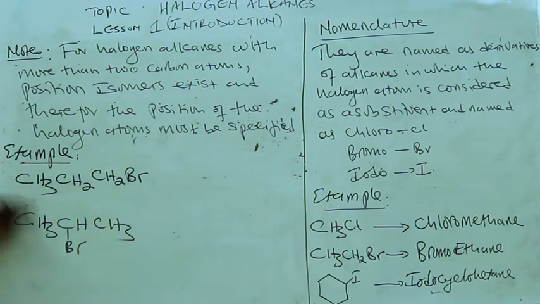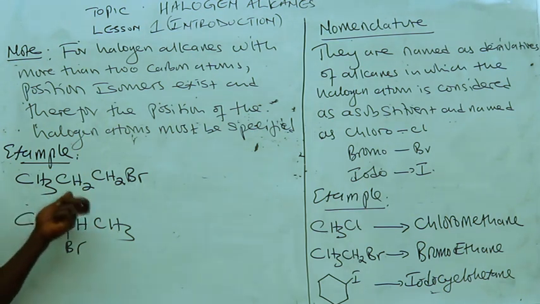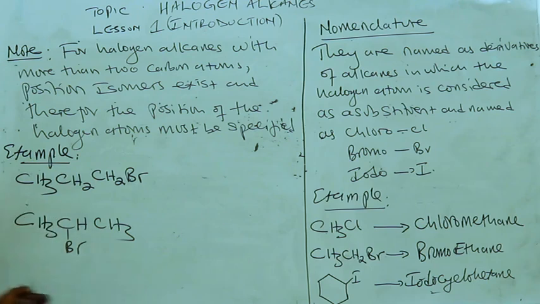These two compounds have the same number of carbon atoms, same number of bromine atoms, but on different carbon atoms, so they are position isomers. And during their naming, we would need to locate the position of the bromine atom.